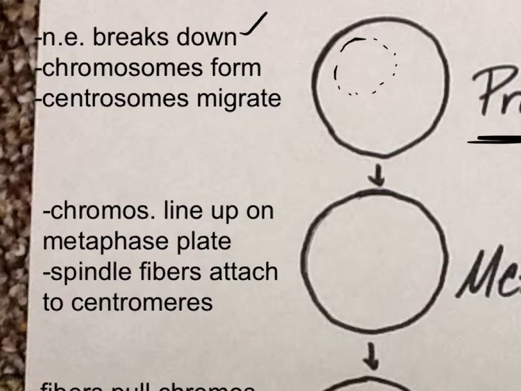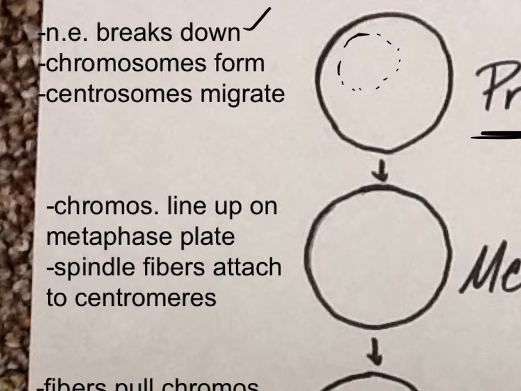So during this time, chromatin will condense into those nice little X shapes that we normally associate with chromosomes. And they're stuck in the nucleus, so it's really imperative that the nuclear envelope breaks down to release them.